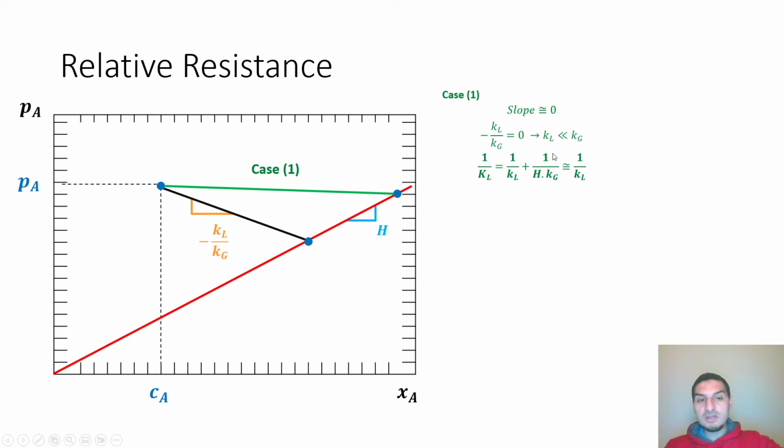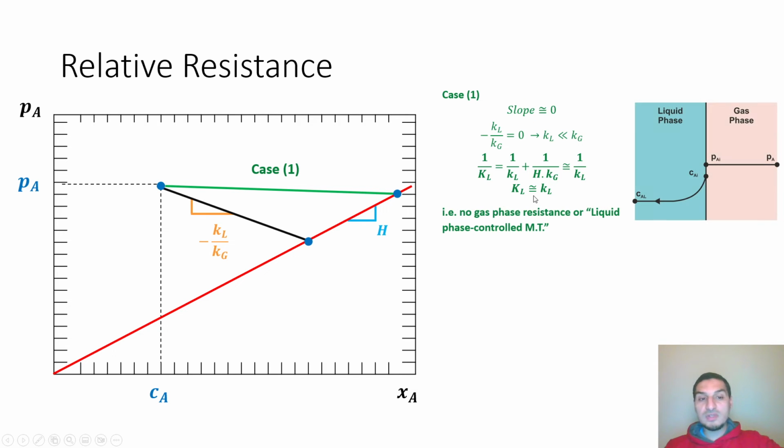So this term is going to be almost 0, and in this case the overall mass transfer coefficient will be almost equal to the individual mass transfer coefficient in the liquid phase, which means that the total resistance is the liquid phase resistance. So this is called liquid phase controlled mass transfer, which means that I have no resistance in the gas phase.